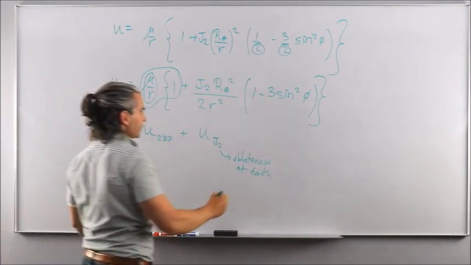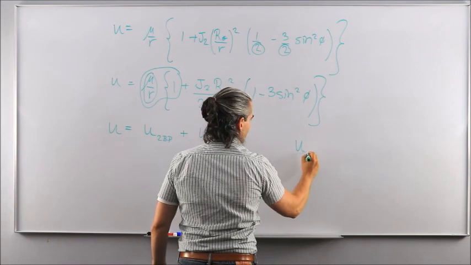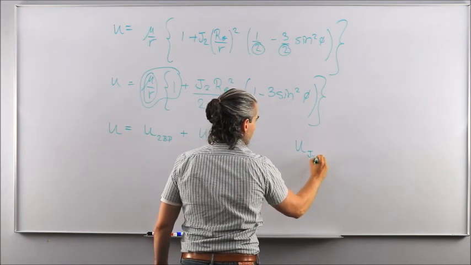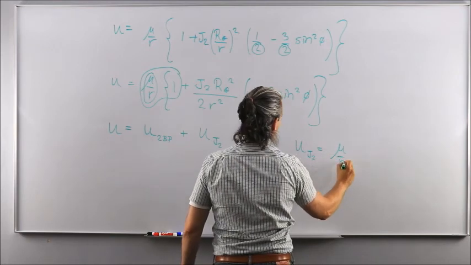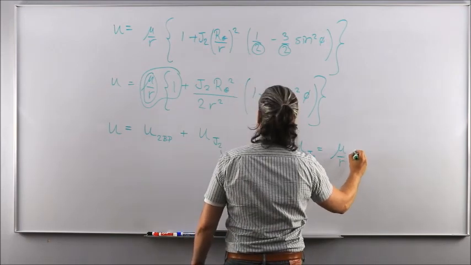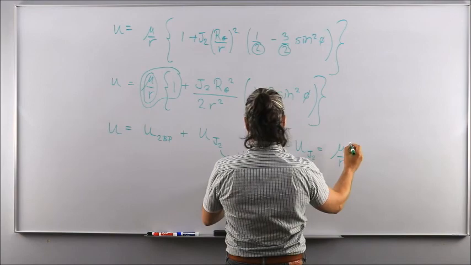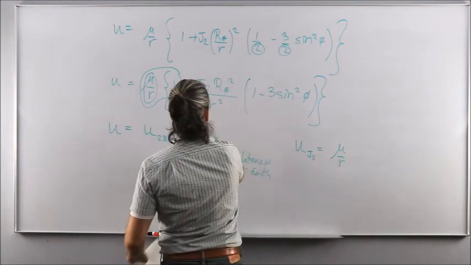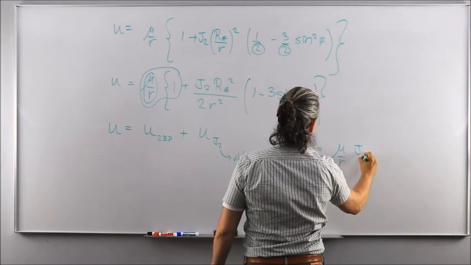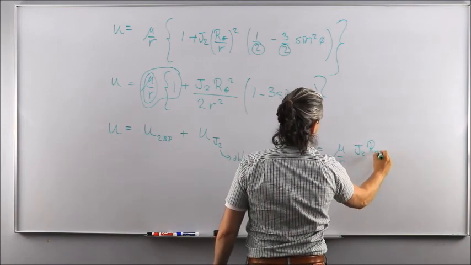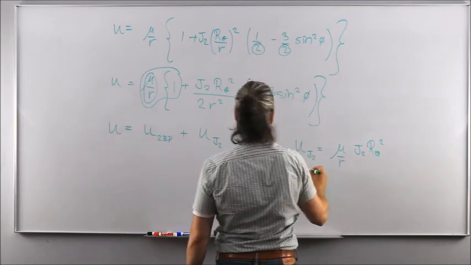Or alternatively, you could say that the geopotential function due to J2 only is going to be equal to mu over r, times J2, times the mean equatorial radius of the Earth squared.